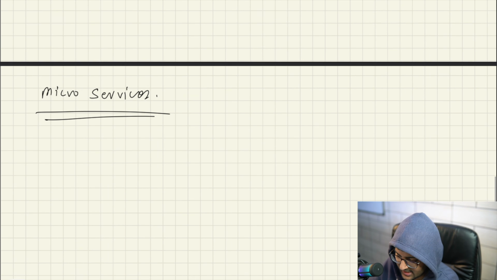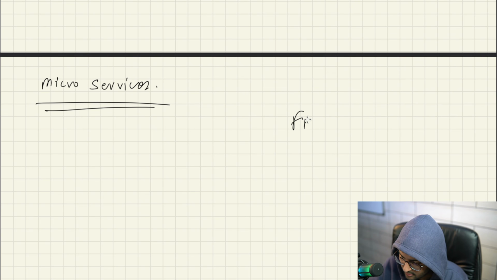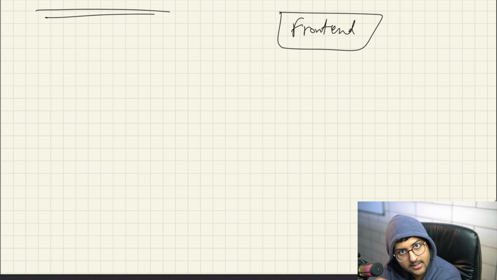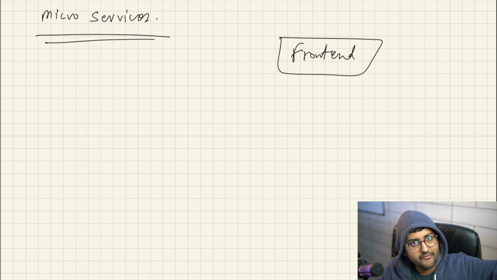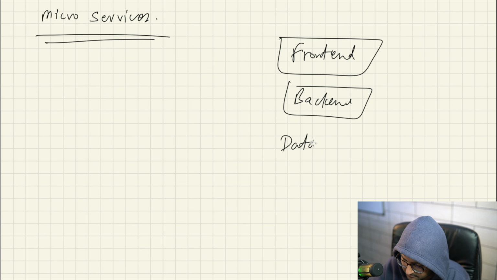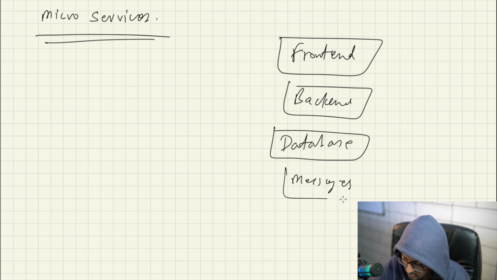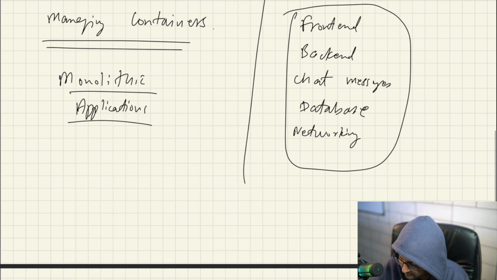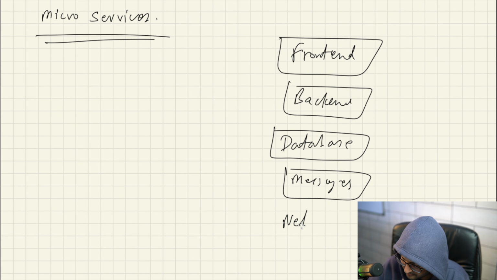Front end, which is a different application, deployed differently. Back end, database, and messages. What else did we have? Networking components.